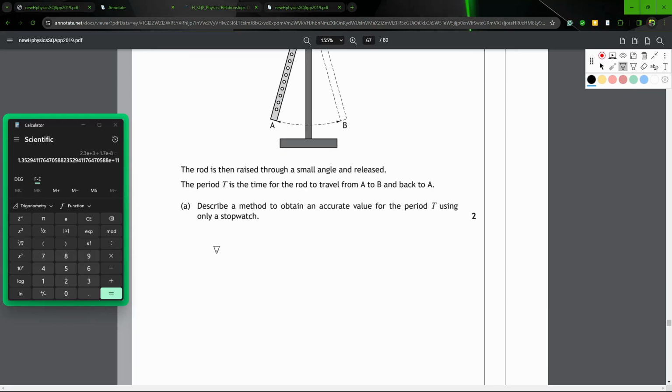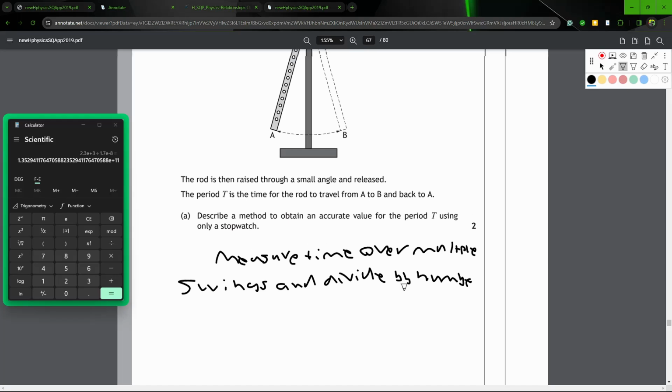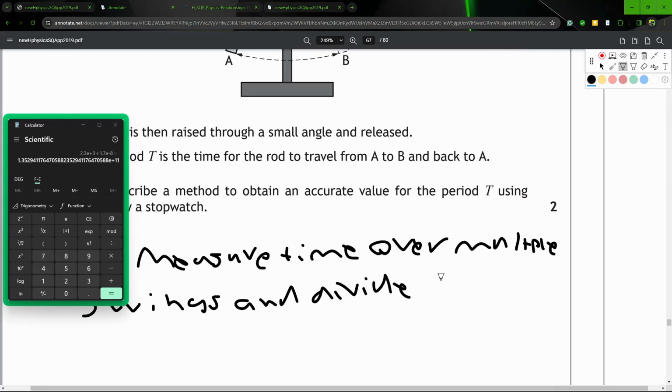So we can say: measure time over multiple swings and divide by the number of swings. Oh, this handwriting is getting worse and worse.